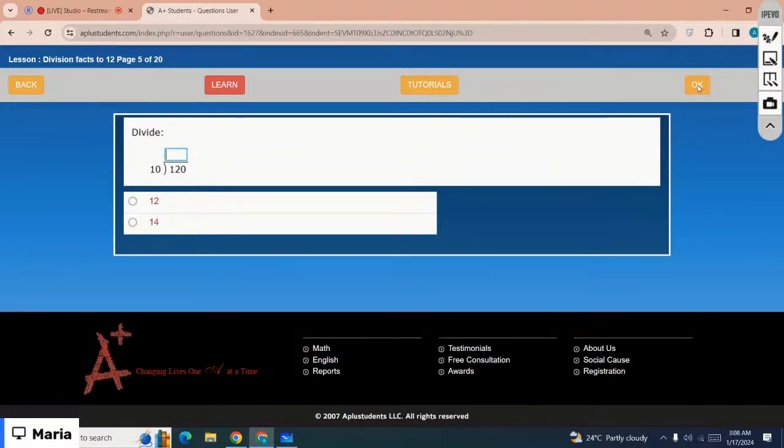The next one is 120 divided by 10. Which is the correct option? 10 times 12 is 120, yes, that is 12. The correct option is 12.